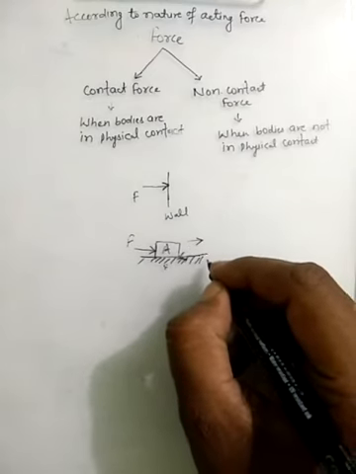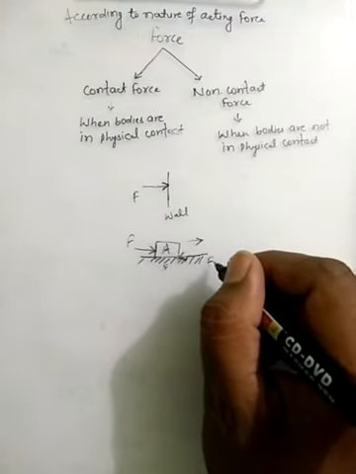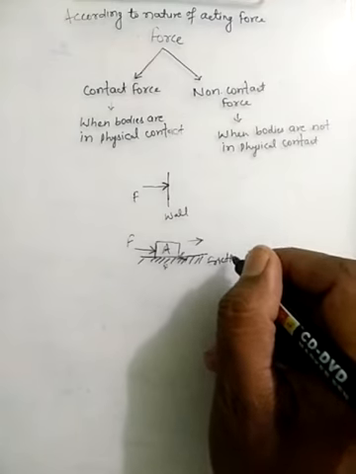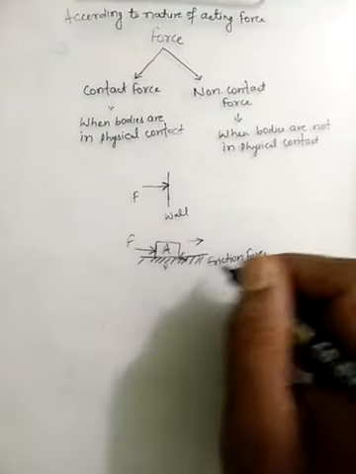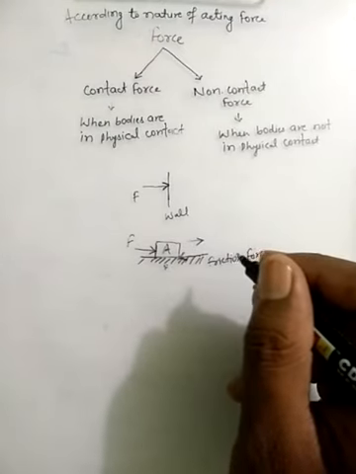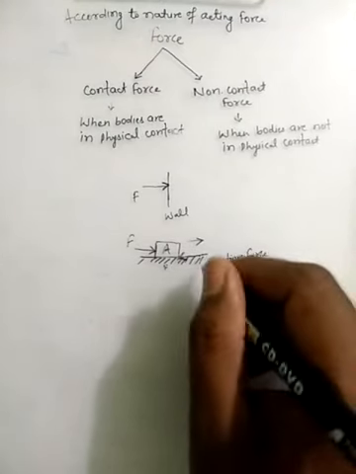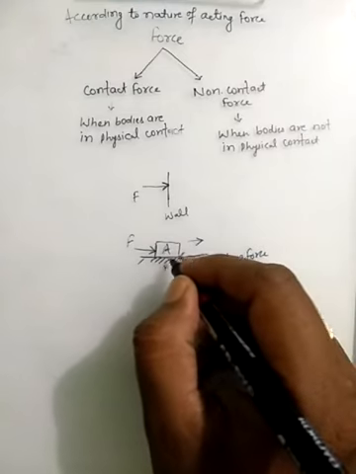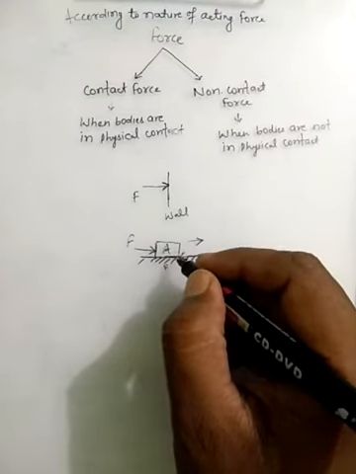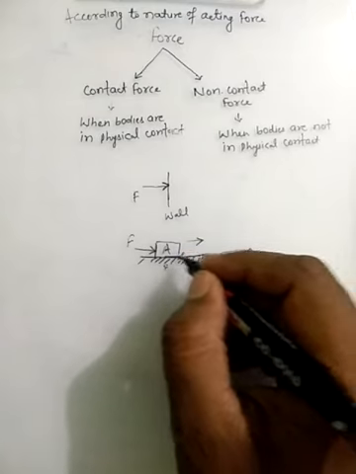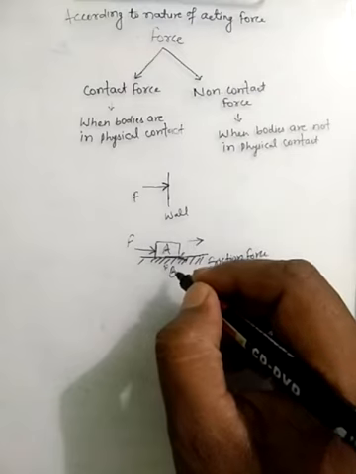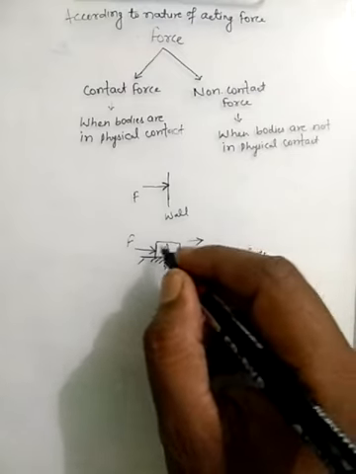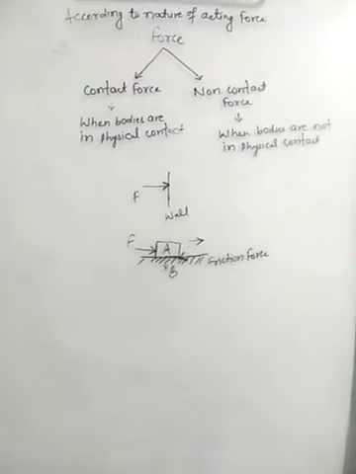This force is known as frictional force. It acts in opposite direction to the motion of the object. This is also a contact force, and it acts between the surfaces of the two bodies, body A and the body on which this object is at rest.